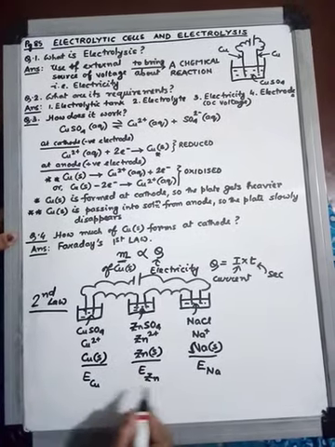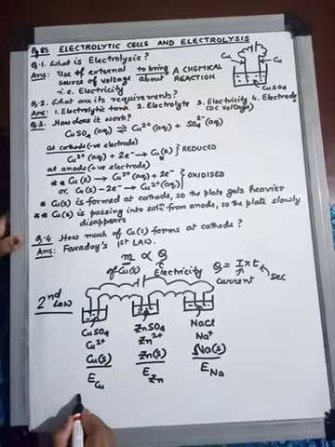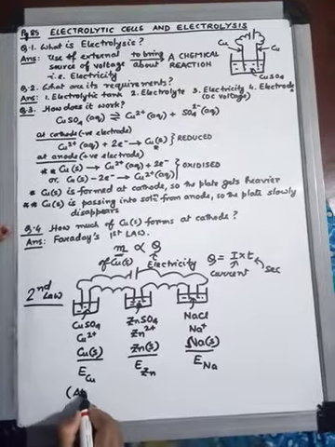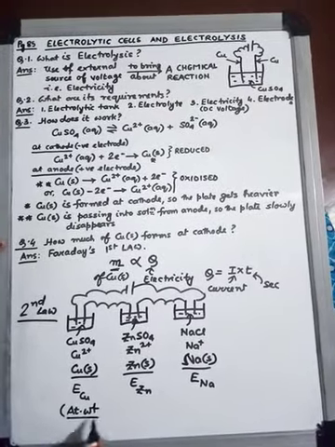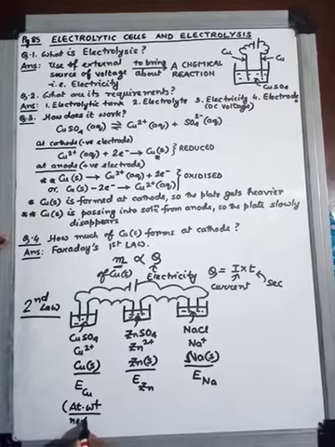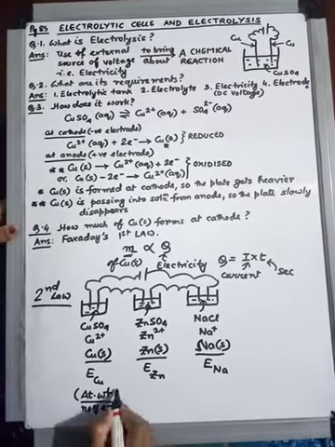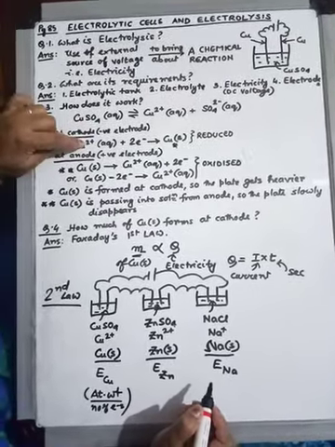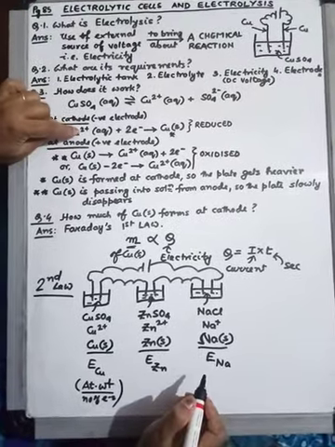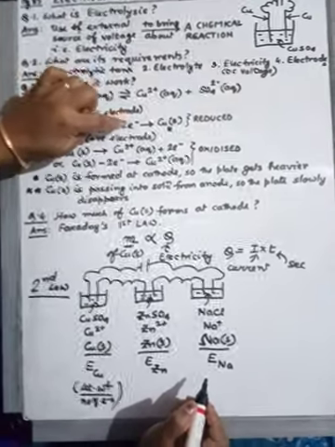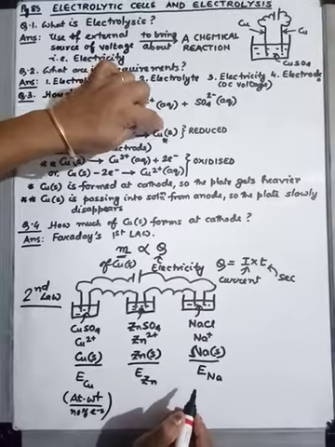And how do we calculate equivalent weight? You will see in the textbook they have given to you. It is nothing but atomic weight divided by number of electrons. So why do we say that? Because you can see in this simple example we had Cu2+ taking 2 electrons to become Cu(s).